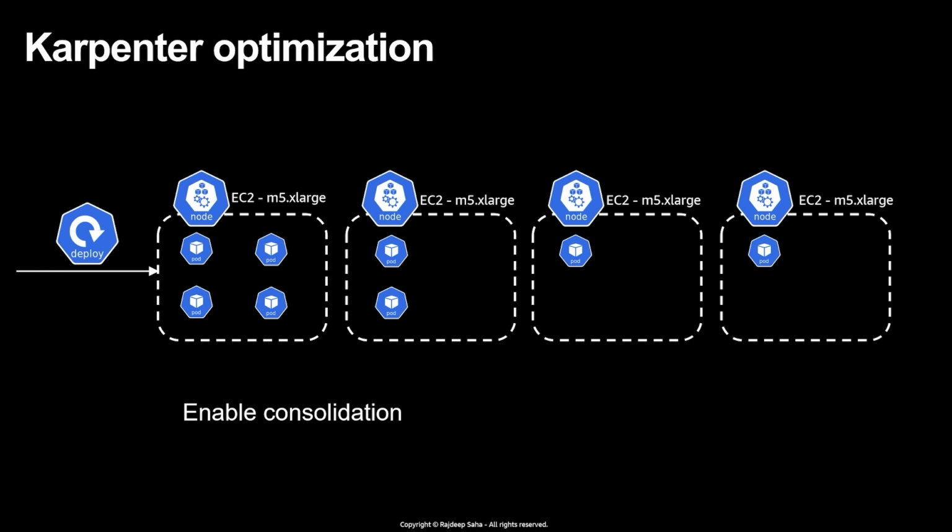In this lecture, we're going to learn how Karpenter optimizes cost using a feature called consolidation. So let's say your Kubernetes cluster worker nodes are looking like this. Over time, you have 4 EC2 worker nodes running. Now the first worker node is running really efficiently.